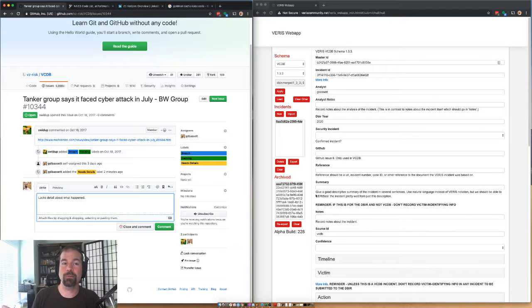There is a maturity model that we've written for the DBIR or for VERIS to say these are the things that are more important to code. If you're basically just starting off, you can just record the date and time the breach happened, and who the victim was, what organization.